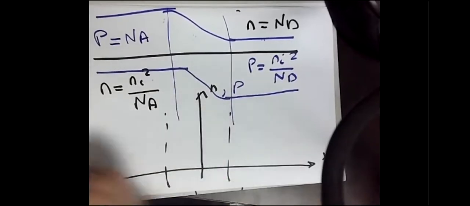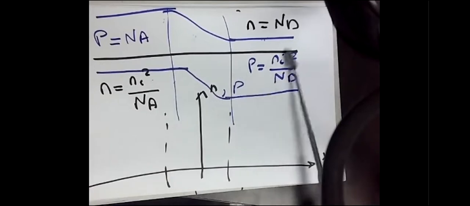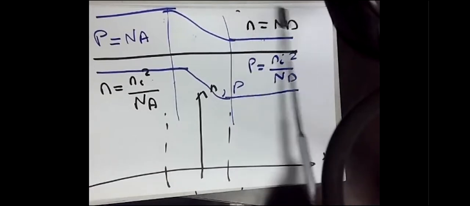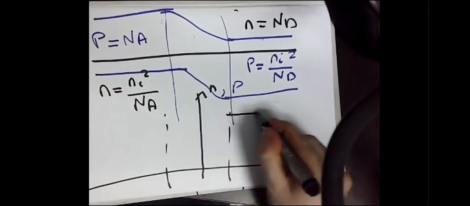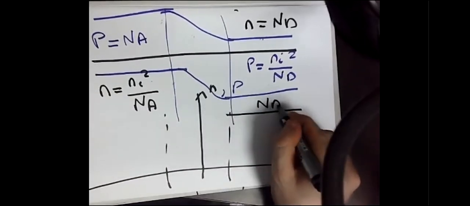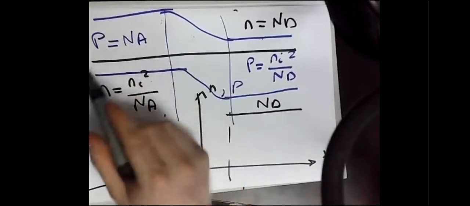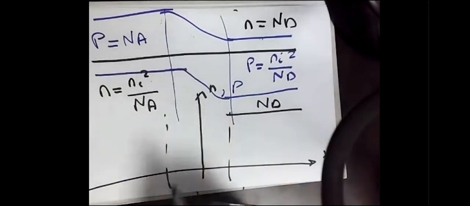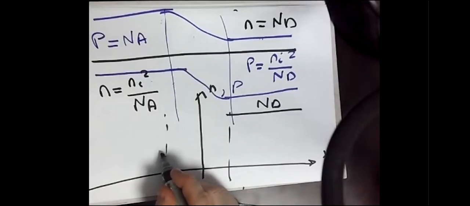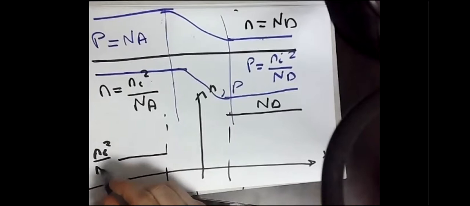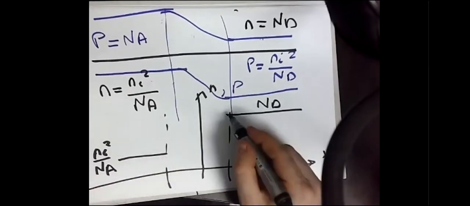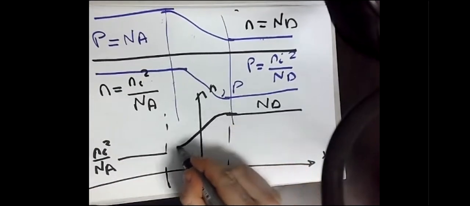So in the right region, N is large, N equals ND. We have some value here, which is called ND. However, in the left-hand side region, N is a minority, so this value is called Ni squared over Na. And of course, you have a continuous function in between.